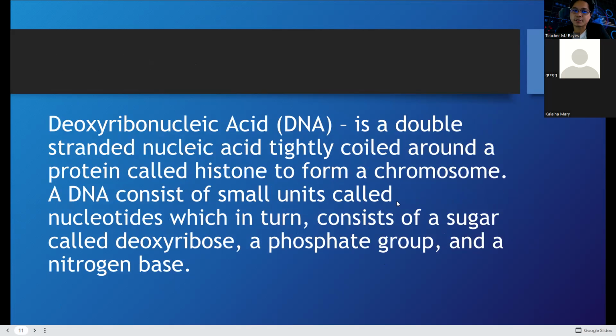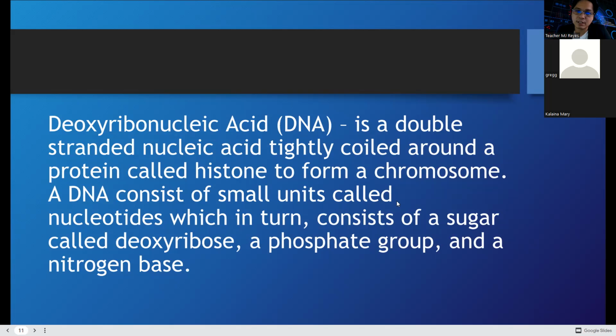DNA, or deoxyribonucleic acid, is a double-stranded nucleic acid tightly coiled around protein called histone to form a chromosome. A DNA consists of small units called nucleotides, which in turn consist of a sugar called deoxyribose. That's why it is deoxyribonucleic acid.